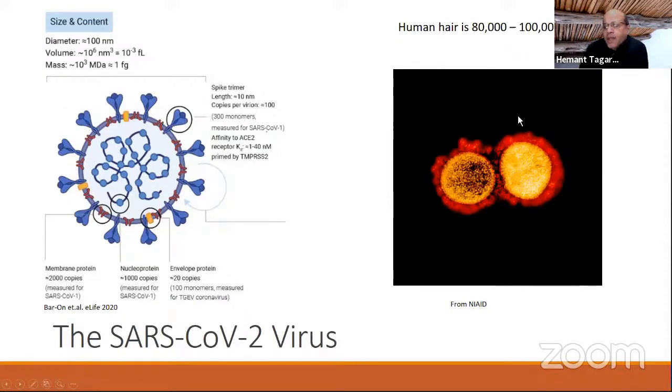It's because of this fuzzy nature that this virus is called the coronavirus. The word corona means a crown, so it looks like a crown around that sphere. It also reminds me of the solar corona, the solar flares that come off the sun. But the fuzziness is due to these spike proteins.